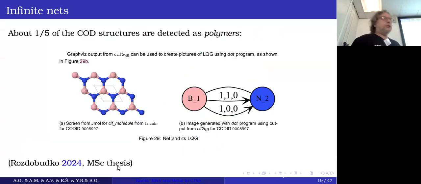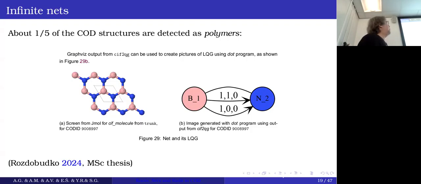Okay, so now we apply this to the whole Crystallography Open Database, wishing to find what molecules are there, what their chemical and physical properties are, and what the interactions are. And not very surprisingly, we find quite a lot of COD records that are not finite molecules.